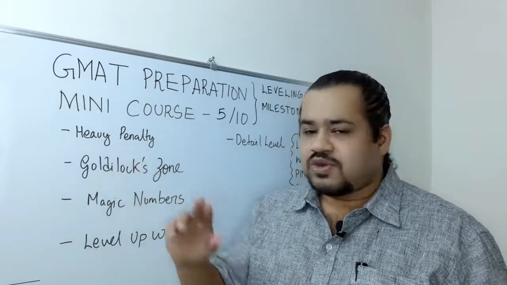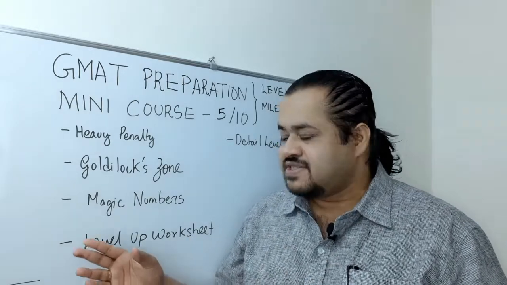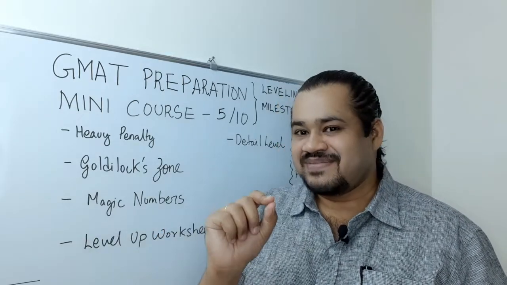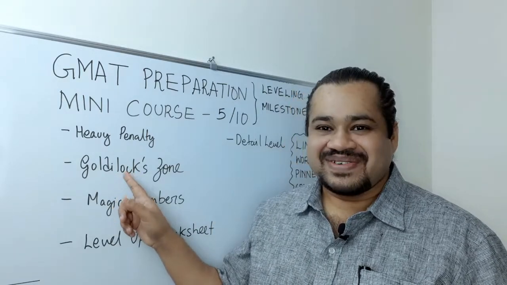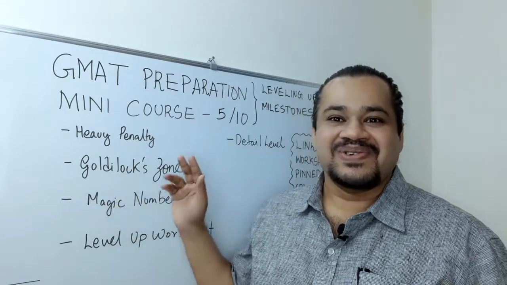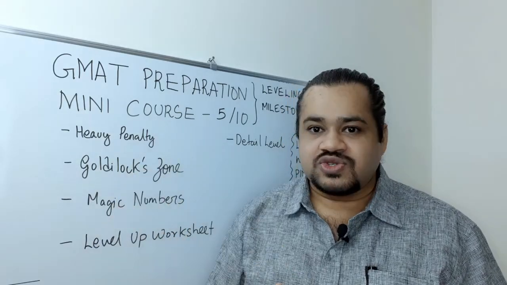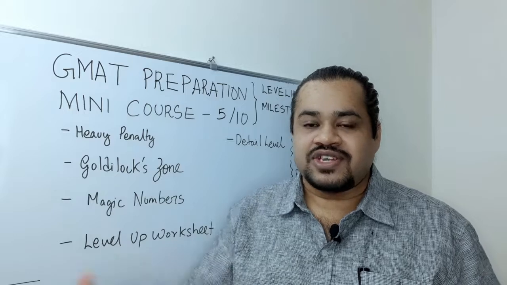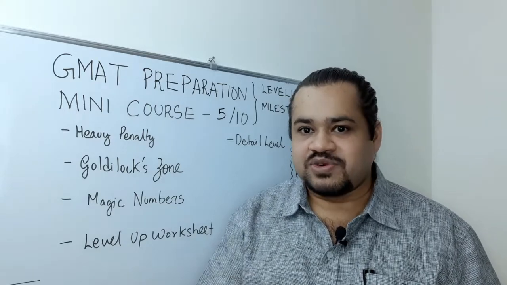And the problem is, when you move from untimed to timed practice, you've got to time that transition properly. It's something that I call, similar to the Goldilocks zone. So the Goldilocks zone is not so soon that you start your timed practice and your accuracy suffers and you get demotivated.